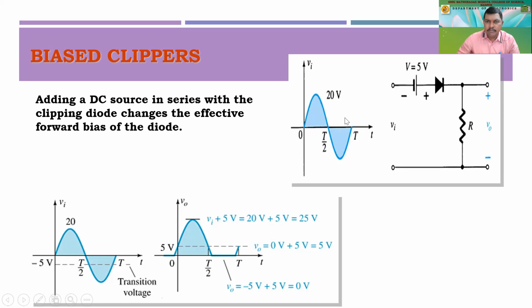So that is what it means when we add a DC source in series with a diode, right? That is, a DC source in series with the clipping diode changes the effective forward bias of the diode. Since we have already connected +5 volt, it remains in forward bias, so we need not connect anything.